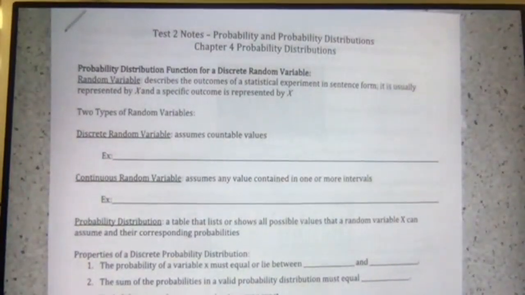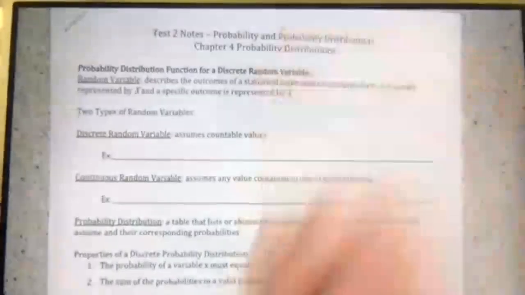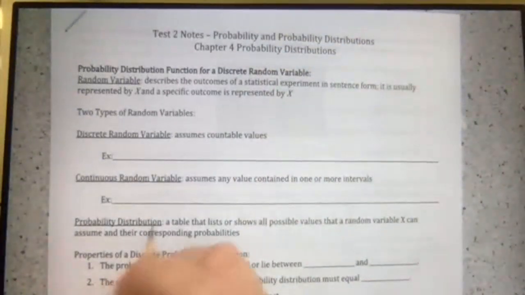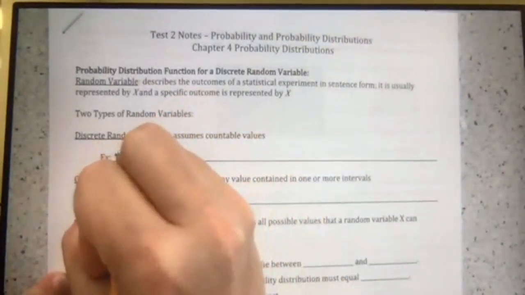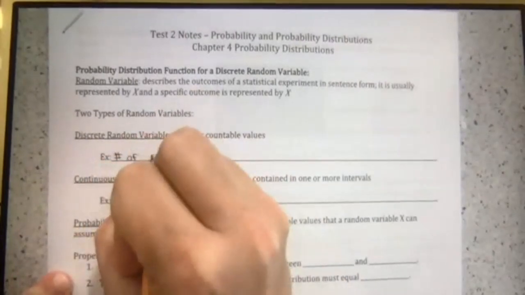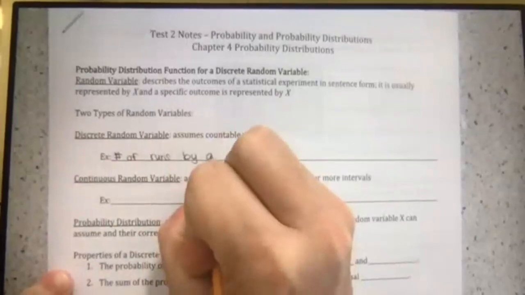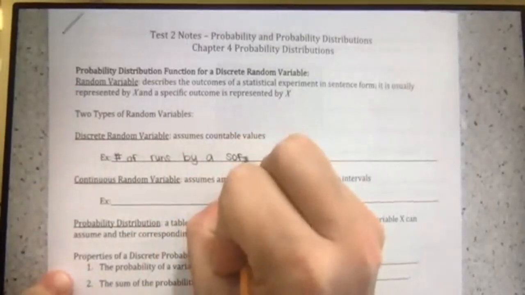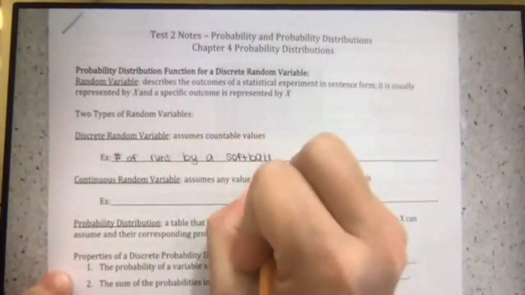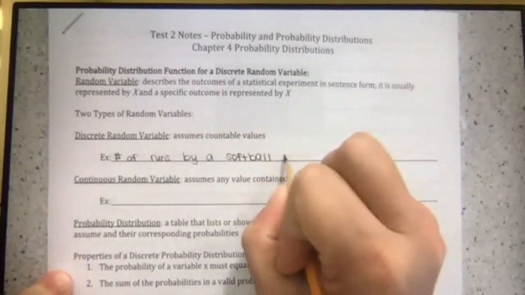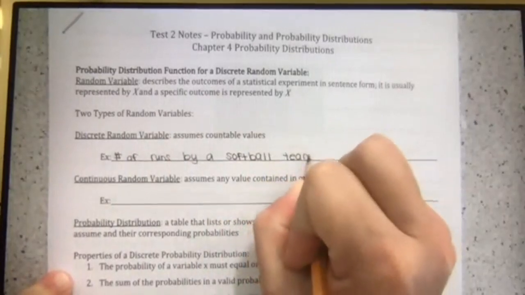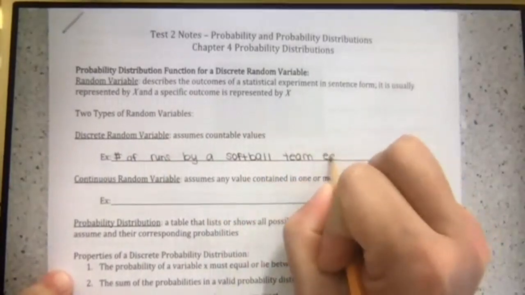Some examples that I took straight from the homework are the number of runs by a softball team each game.